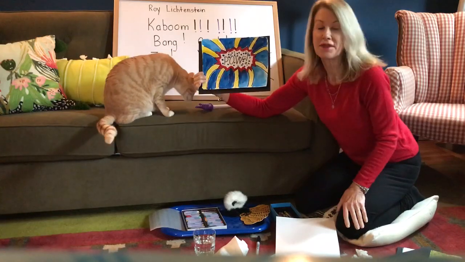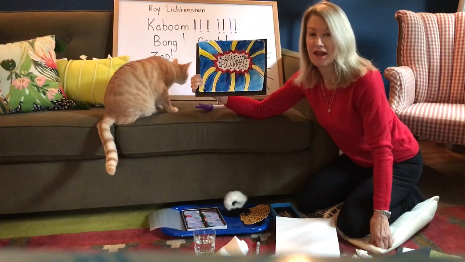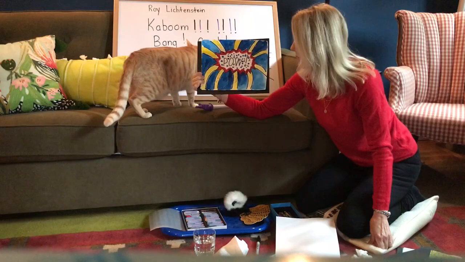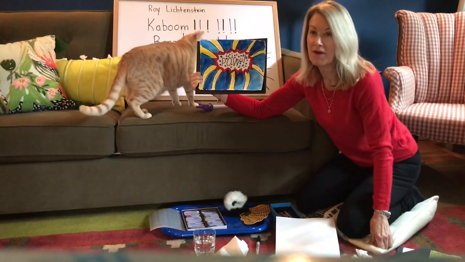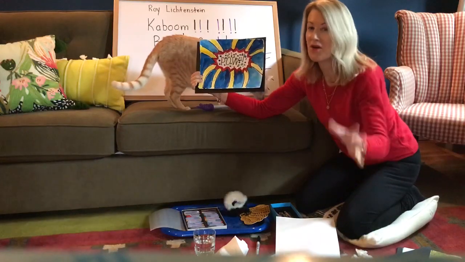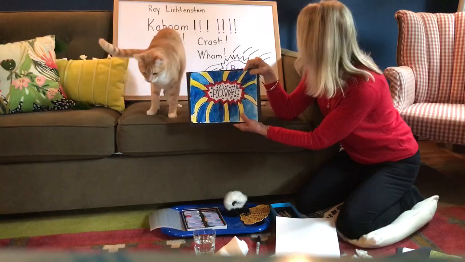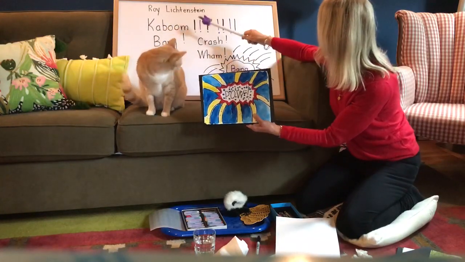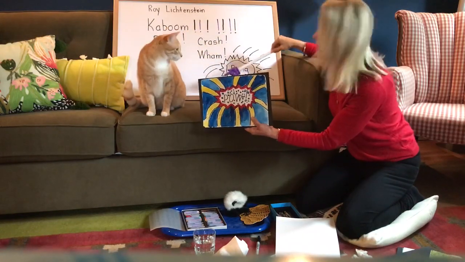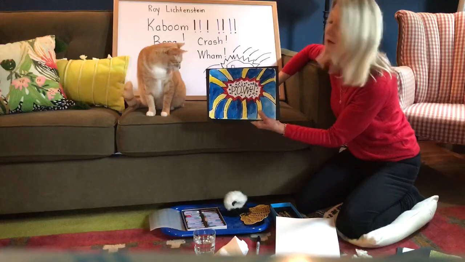Let's see, maybe it's the 4th of July and I was watching a fireworks show, and maybe a big firework blasted off, and I could say blast, or I could say pow, or I could say kaboom, or bang. Any of those big words. So you get to choose the word that you would like to do.